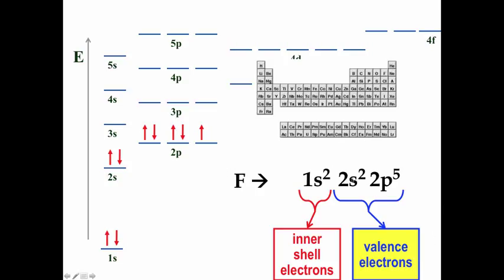So we could say for fluorine that its valence electrons are the 2s2, 2p5 electrons. Or we could say there's a total of 2 plus 5 or 7 valence electrons for fluorine. The inner electrons are also sometimes called core electrons, so we have 2 inner shell or core electrons for fluorine.